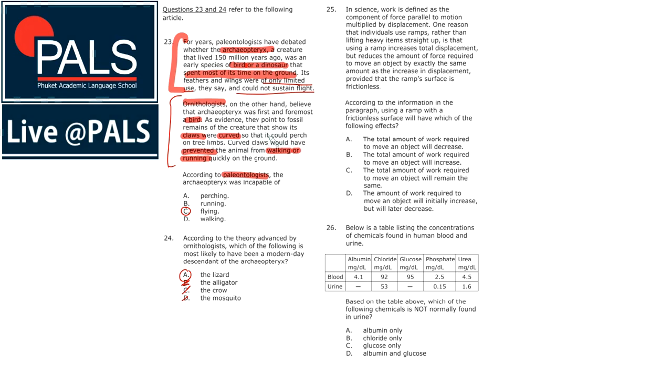I mean, lizards, yeah, I guess they have claws that can perch on tree limbs too and climb trees. Alligators can't really do that. But yeah, not the best question here.